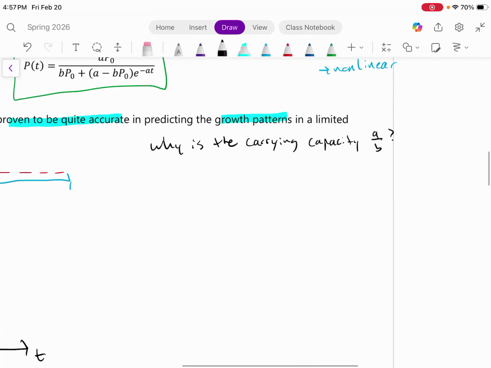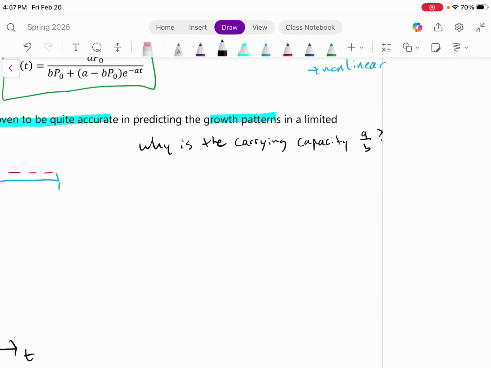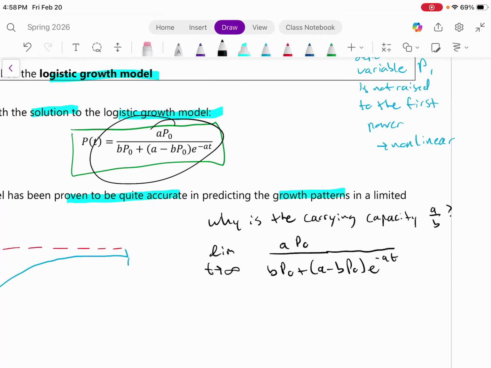So to show why a/b is the carrying capacity, we take the limit as t goes to infinity of our solution, aP0 over bP0 plus (a - bP0)e^(-at).